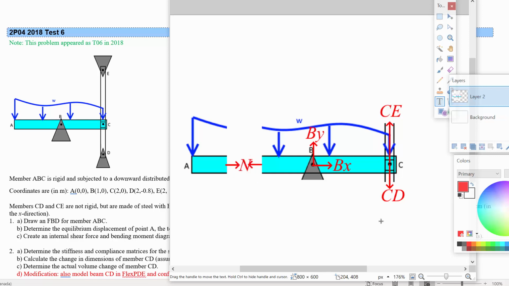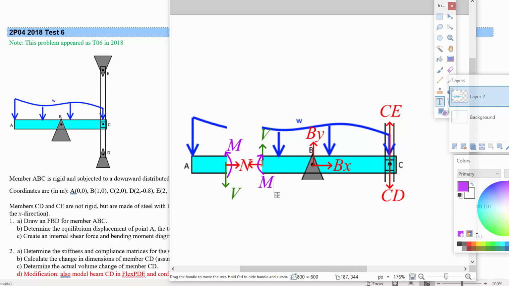So there's the normal force. We'll take the shear force and draw it using our standard sign convention. And the bending moment, let's use a purple color for that because we haven't used that one yet. There's the moment there, and over here as well, the same moment on the other side.